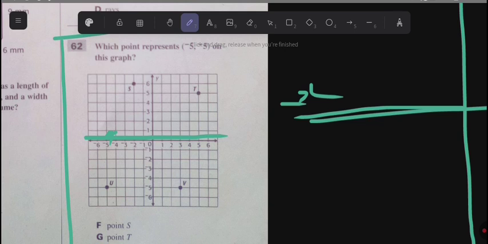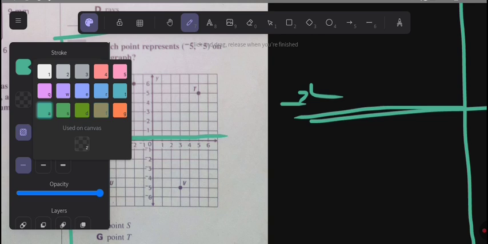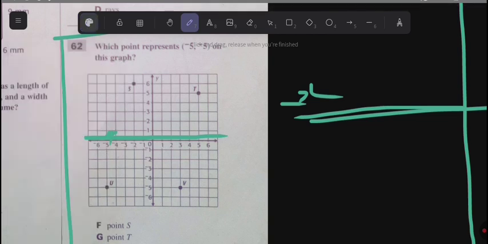Let me mark it with another color. Here, somewhere here, that is on the x. Then on the y, you need to move down.